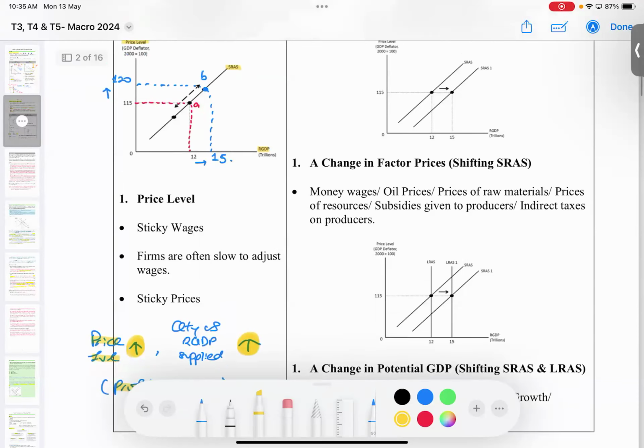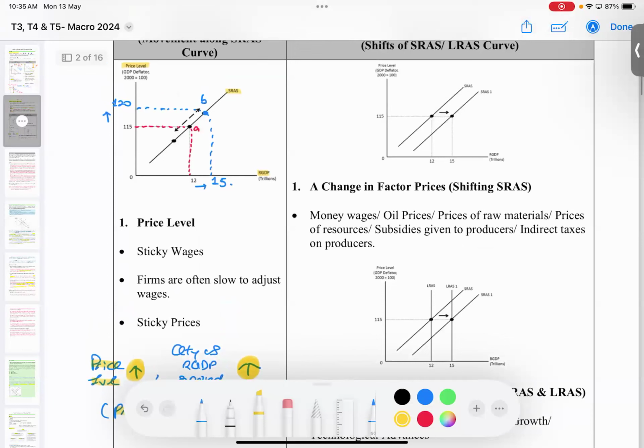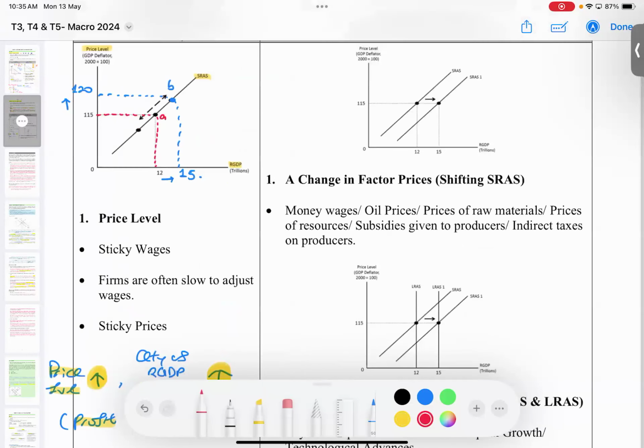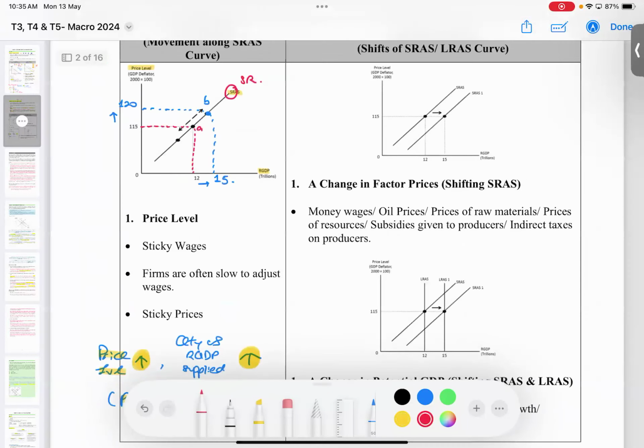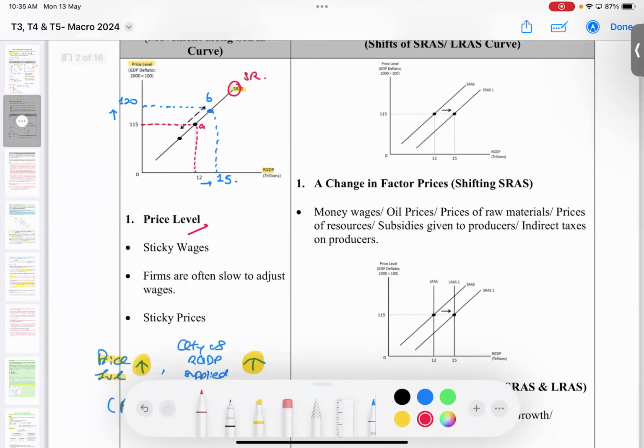Like I said, we are referring to the short run, this is the short run aggregate supply. When I say short run, that means the wages remain constant, or we call it sticky wages. In the short run, wages are constant.